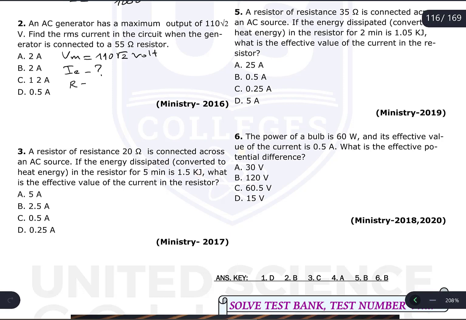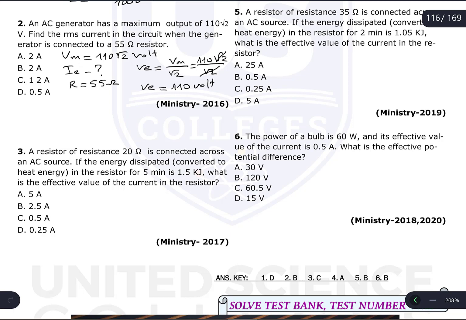So R is 55 ohm. To get the effective current, I need to know the effective potential difference first. Let's first get the effective potential difference, which is the maximum potential difference divided by root 2. Maximum potential difference 110 root 2 divided by root 2.